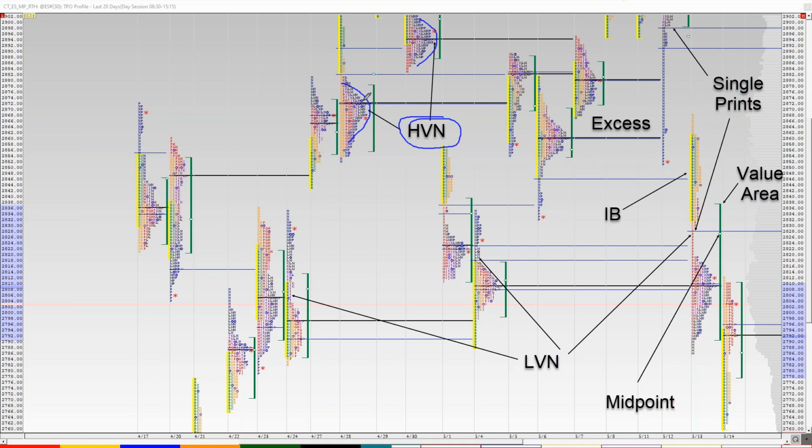You can see that here there's a sharp POC that pokes up above the rest. Here as well. Here's just one letter, and so on and so forth. So the POC is the most traded price in that region, and it's shown here on IRT as a black line. That's where the POC is.